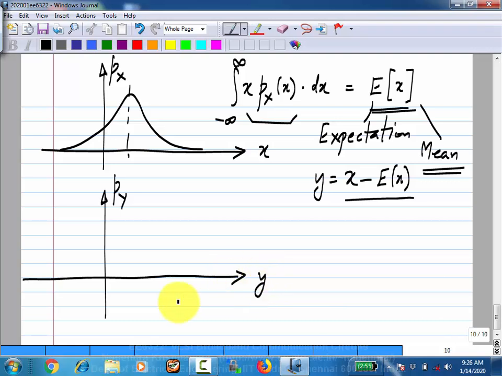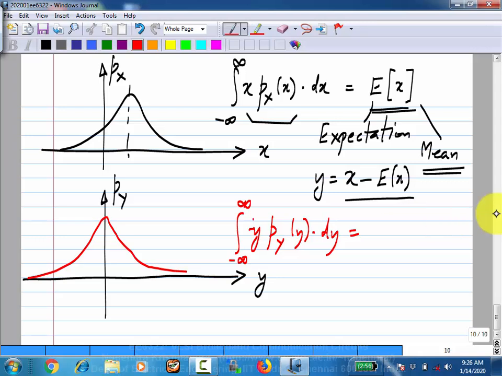What will that distribution look like? It will get shifted by the value I subtracted. And what will be the expectation of y? By definition it will be 0, because I have subtracted off the mean.